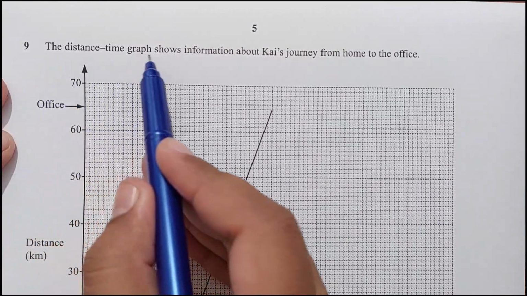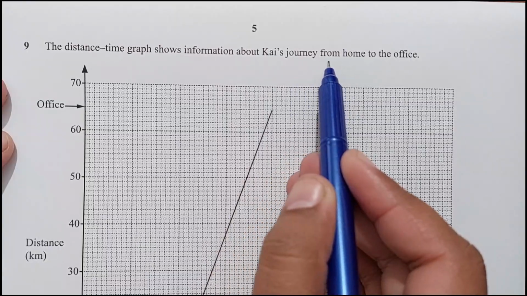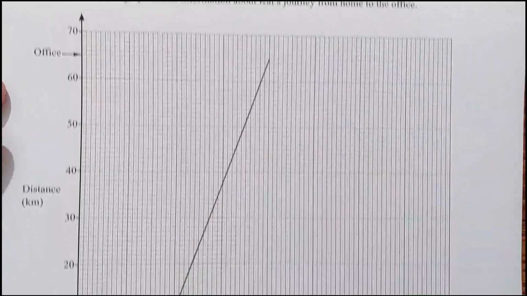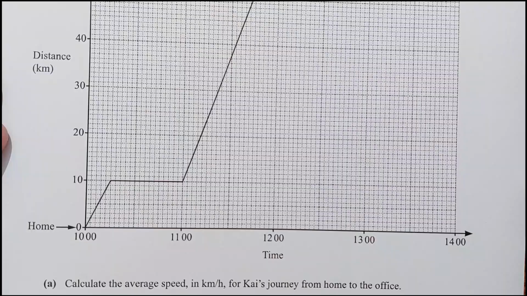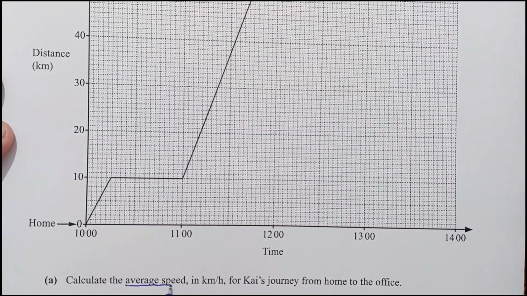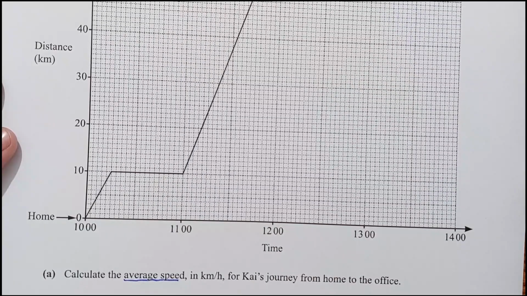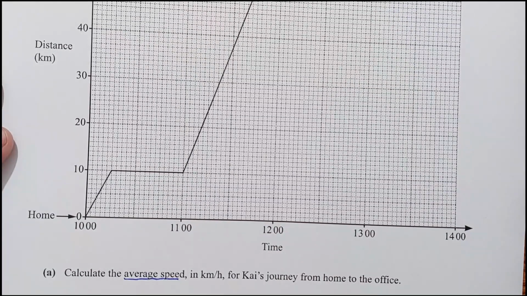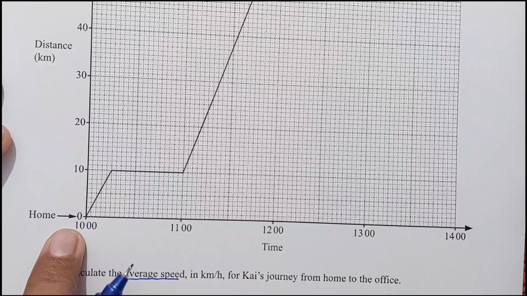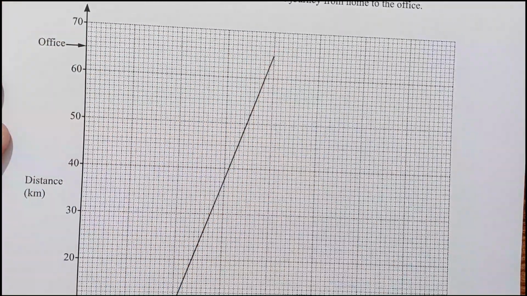Question number 9. The distance-time graph shows information about Kai's journey from home to the office. Part A, calculate the average speed in kilometers per hour for Kai's journey from home to the office. Average speed is total distance traveled over total time taken. This is home and this point is the office.